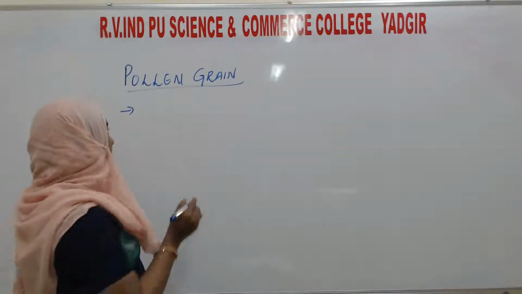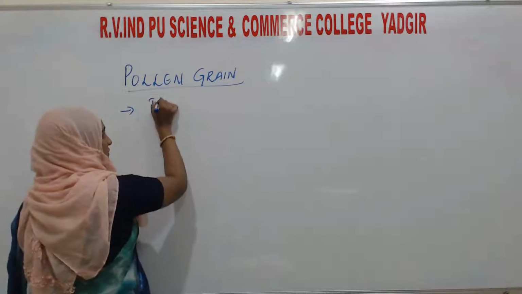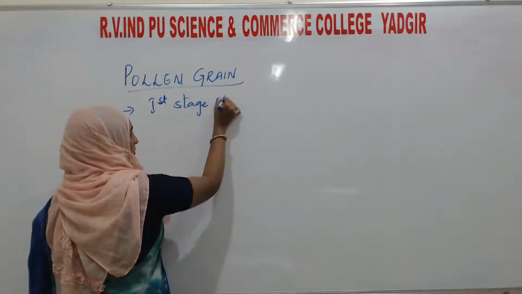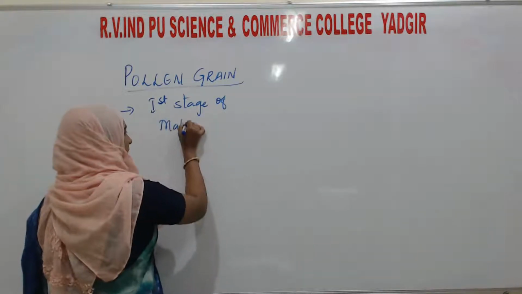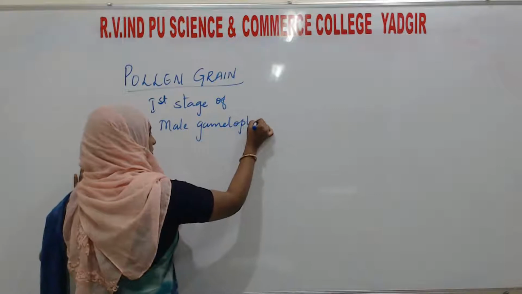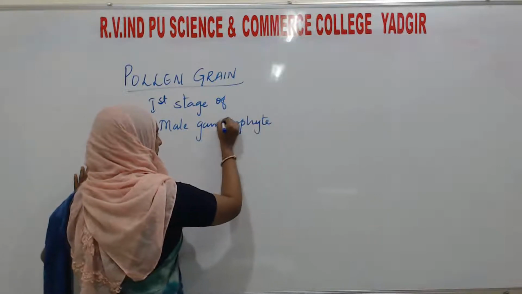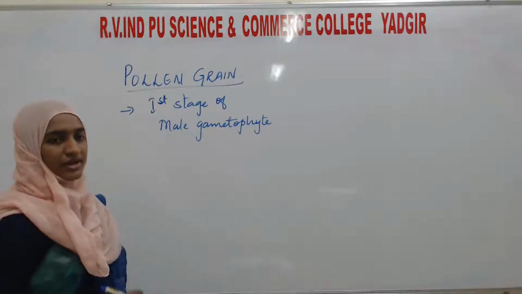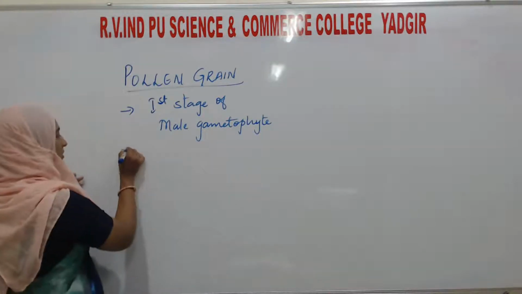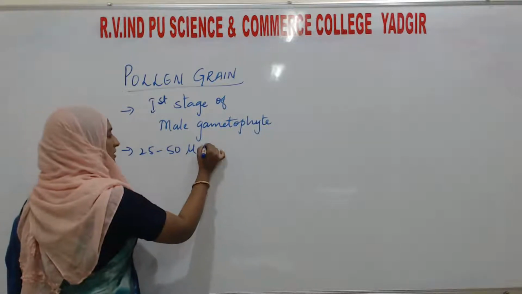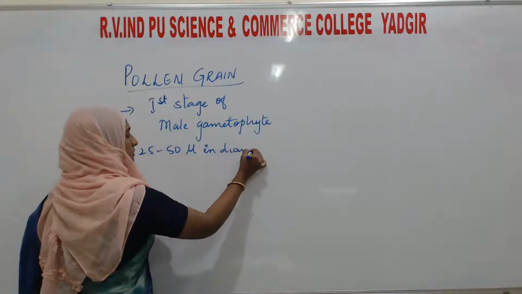So here the pollen grain is considered as the first stage of the male gametophyte, and it measures about 25 to 50 micron in diameter.